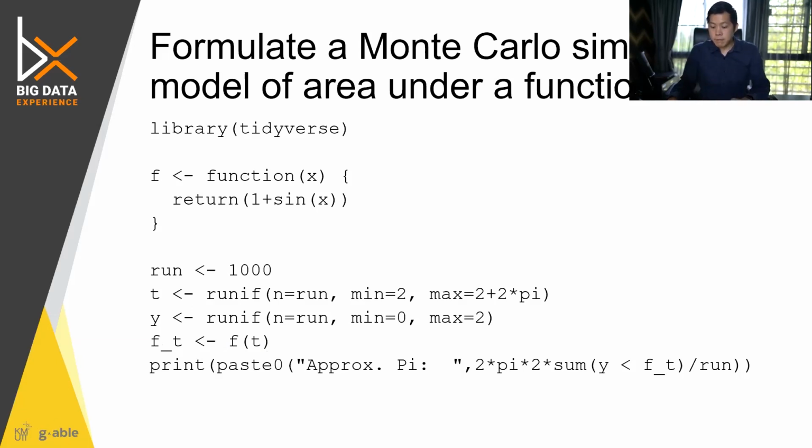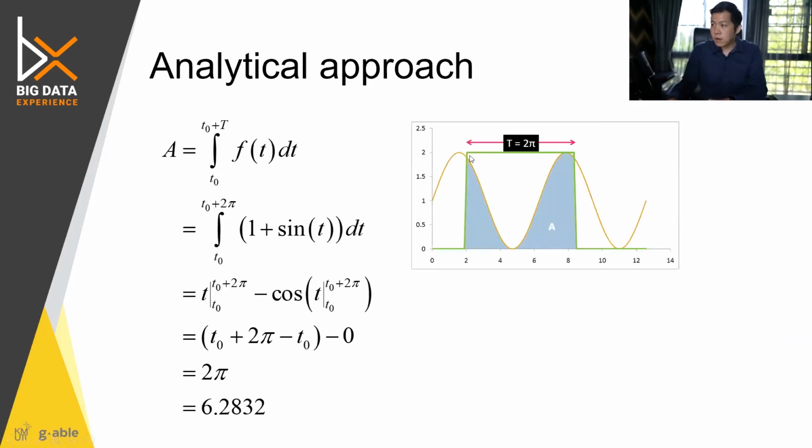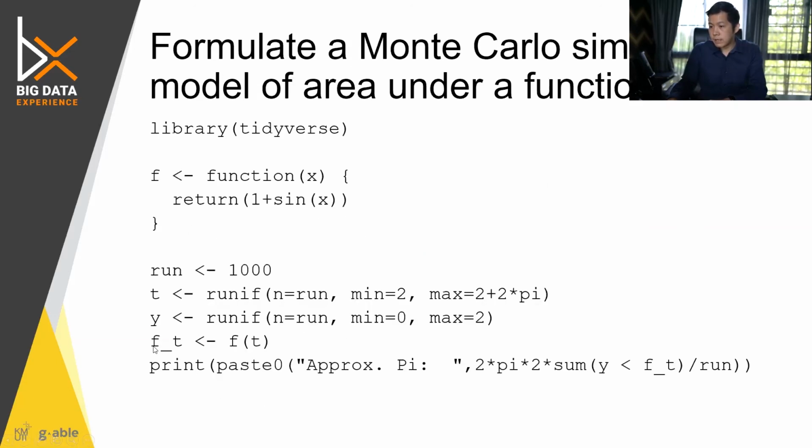So comparing to the graph here, what I did is to get the points throughout this rectangle, and then if it's below this orange line, which is this f(t), then I would count it, right? So sum here would convert the comparison from true and false into 1 and 0.